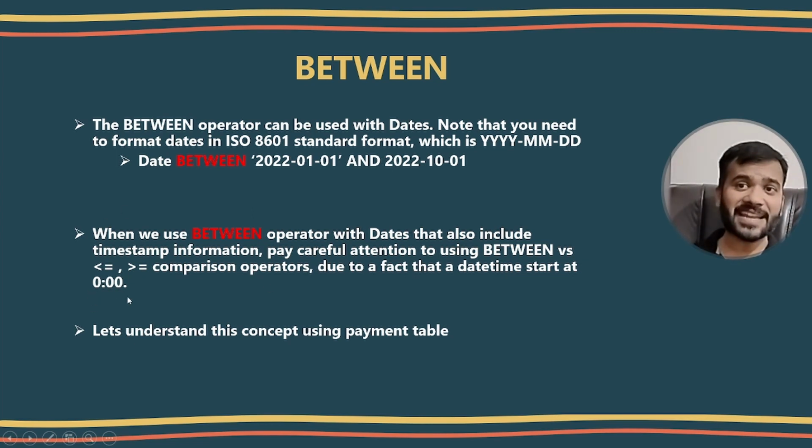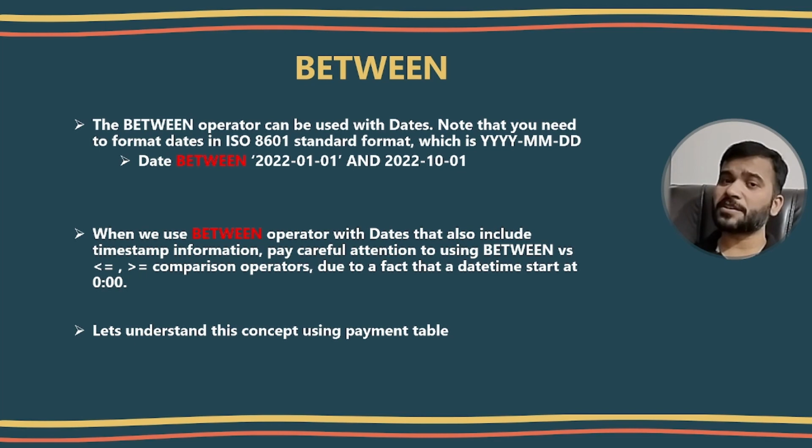What does this line mean? Basically, our date also has some time information. Let's say you require data from 1st of November to 30th of November.